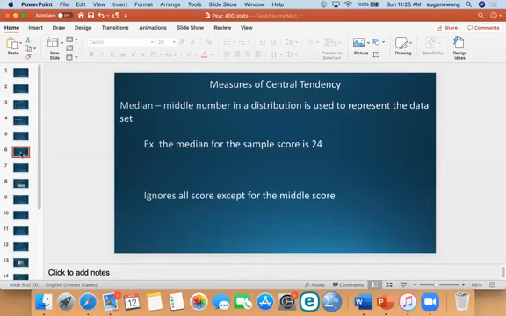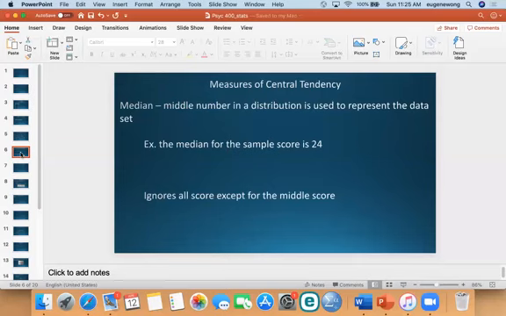Now, if there is an odd number of scores, if you were to work from both ends and chop off a score coming to the middle, you will end up with one score in the middle. That's your median. If there's an even number of values and you chop off a score starting from both ends until you get to the middle, you're going to end up with two scores in the middle.